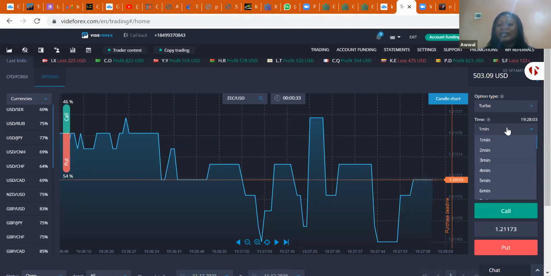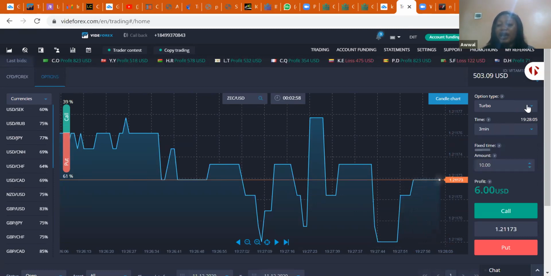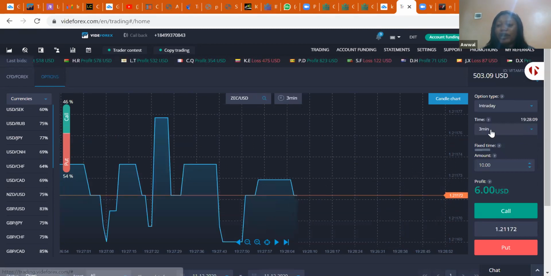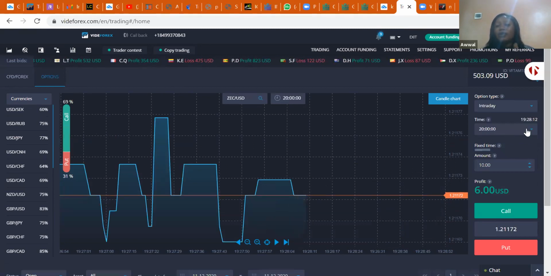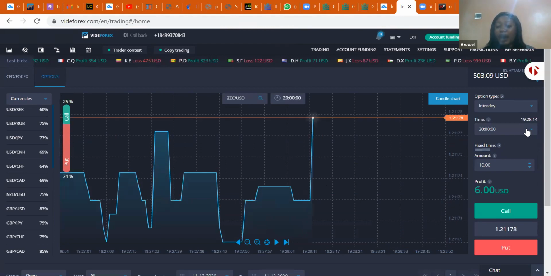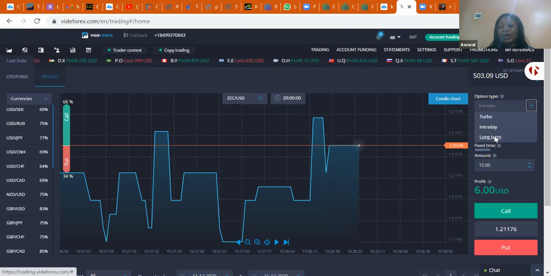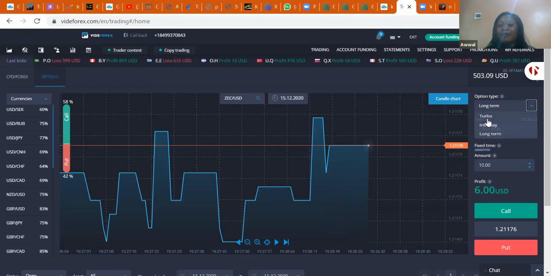If I want to trade intraday, you would see that it will also change. Can you see it has changed to hours? So I can trade for 1 hour, 2 hours, 3 hours, 4 hours, and so on. But if you want to trade for days, 3 days, and so on, click on long term. So the business we are having now is with two-bar.